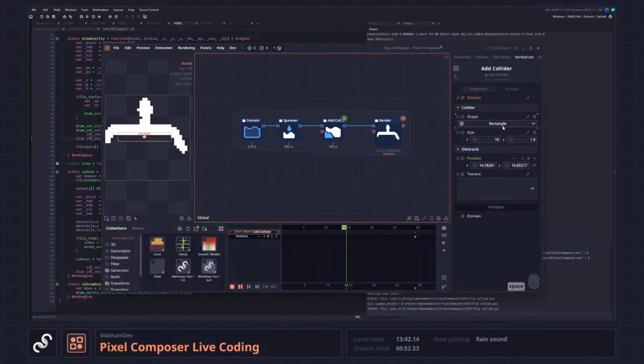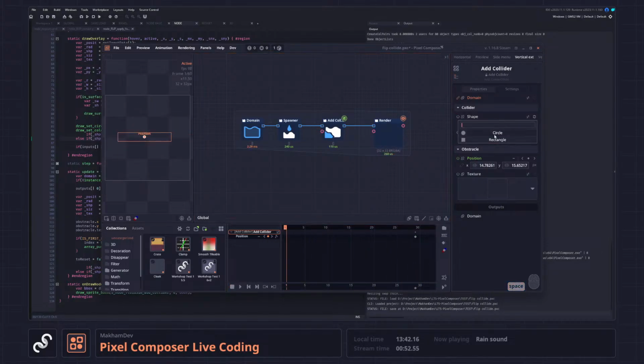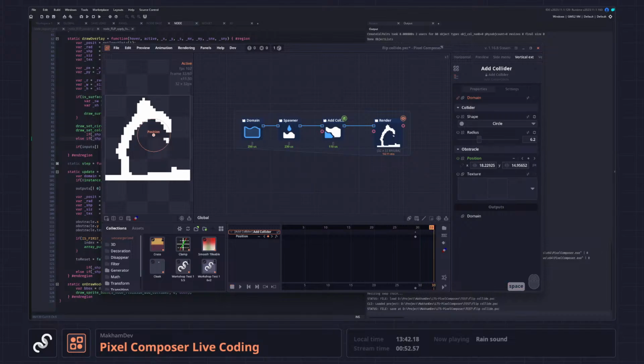And that might be a little bit too complicated for now. Let's just have circle and rectangle. So let's say click add collider, improve collision physics.